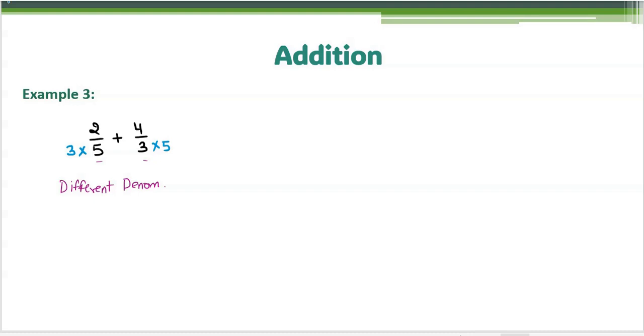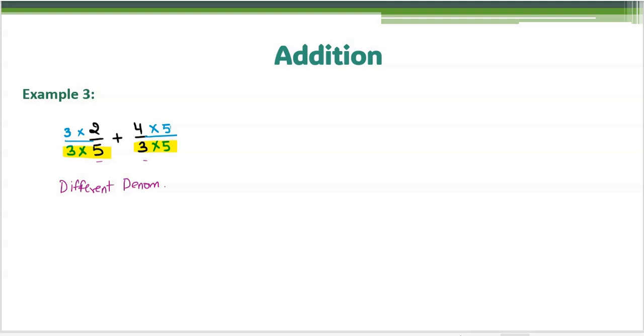And once we multiply anything in the numerator or denominator, we have to do it with the other as well. Since we multiply by 3 in the denominator, we should multiply by it in the numerator as well. And in this case, we have to multiply by 5 in both numerator and denominator.